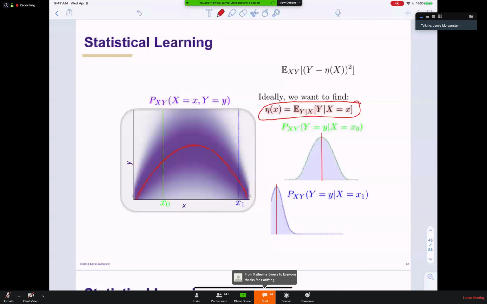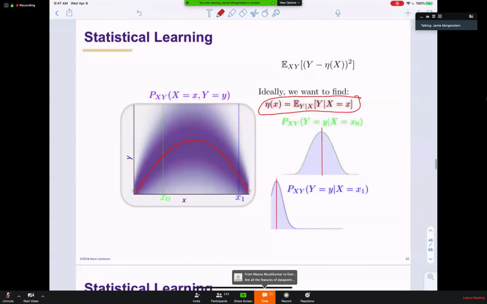And in this case, it happens to be that we have this nice, really dense region right in the middle. Okay, so ideally we're looking to pick an eta x that is equal at each point x to the expected sales price, right? And that will mean that we have these two points here, where the average sales price for x naught and x1 both lie on this curve.